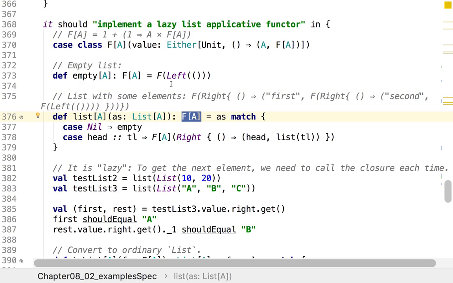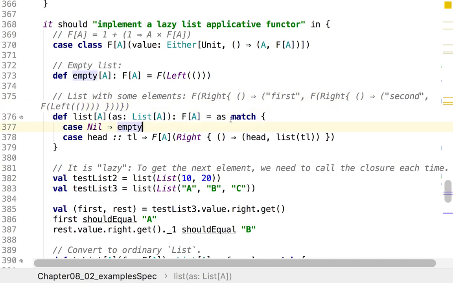It would be useful for testing. The idea is that we would create f with a right, which would have a function that will return a tuple of the first element and the rest. The rest will be again f of right and again a function will be the second element, and so on. And finally it would be an empty list.